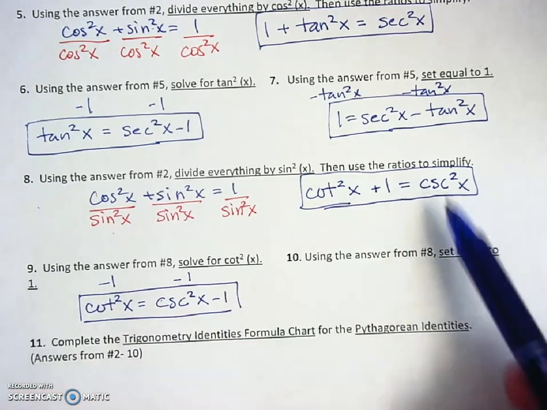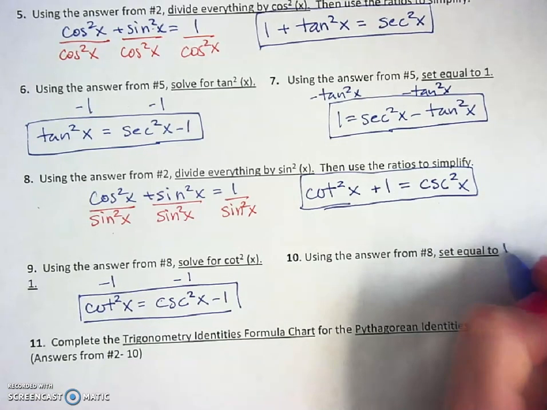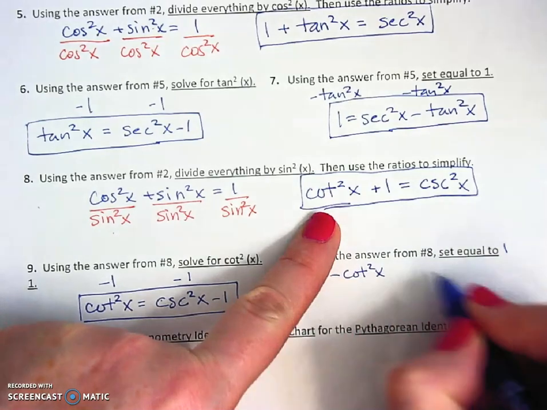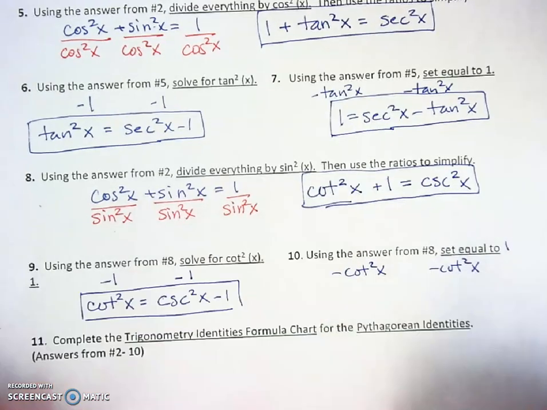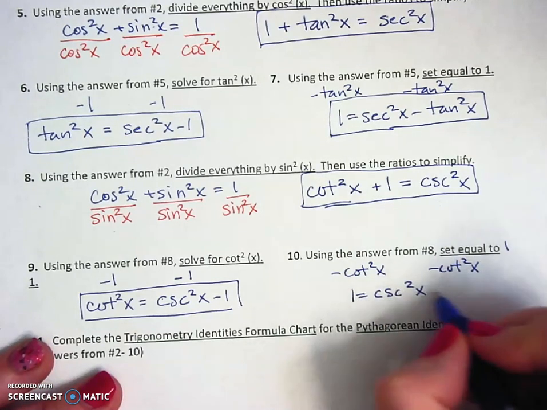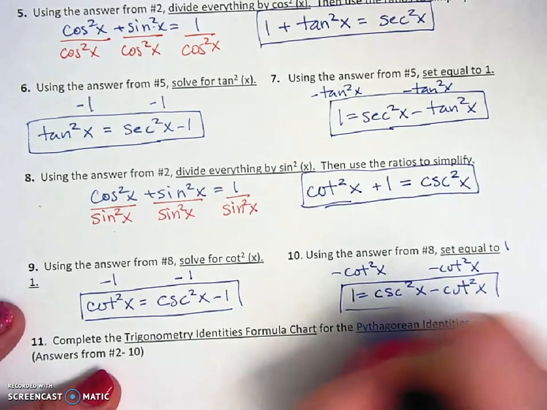And then number 10, going back to this answer from number 8, set it equal to 1. So that means subtracting cotangent squared x from both sides. So that's going to give me 1 equals cosecant squared x minus cotangent squared x.